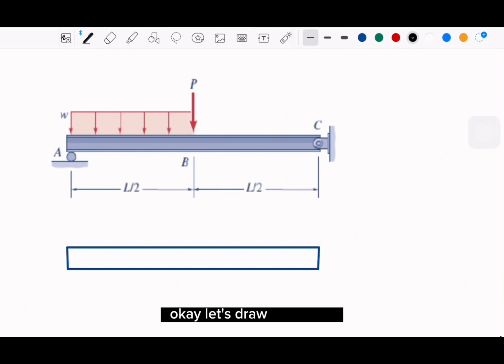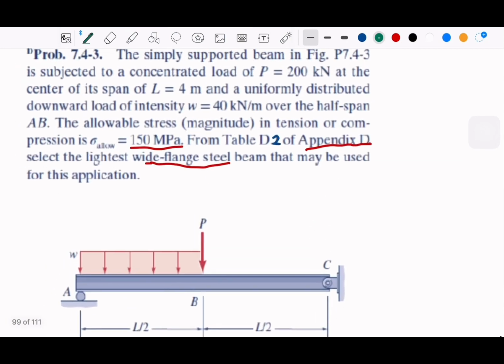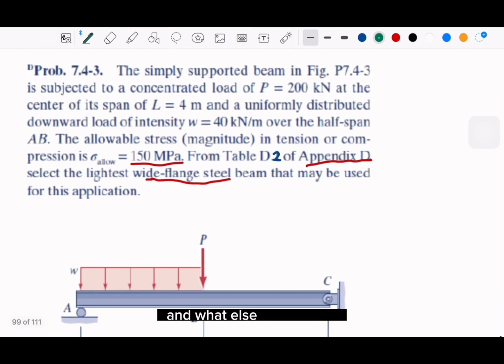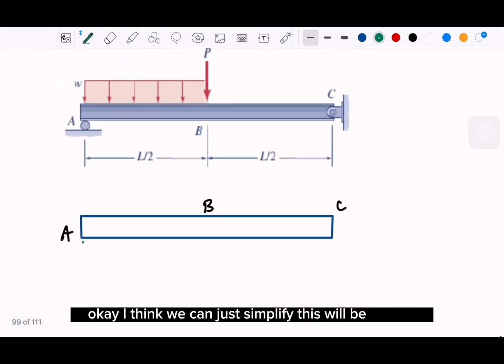Okay, let's draw A, B, and C. And what else do we need? Okay, I think we can just simplify. This will be AY.